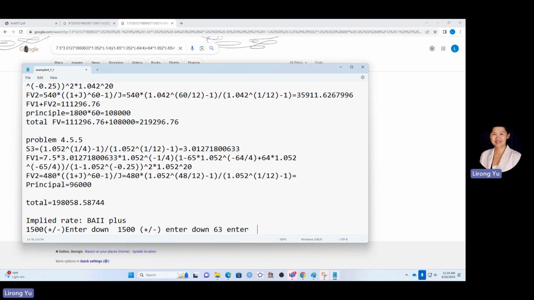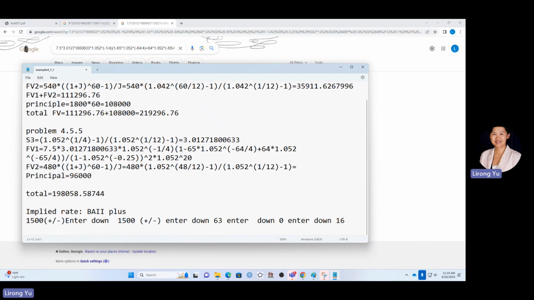And then you have a couple of periods where there's no cash flow, so you're going to put 0 as your cash flow. After you enter, you move down with the down arrow, enter 0 as another cash flow, push the down arrow again, and the number of payments of $0 is 16.